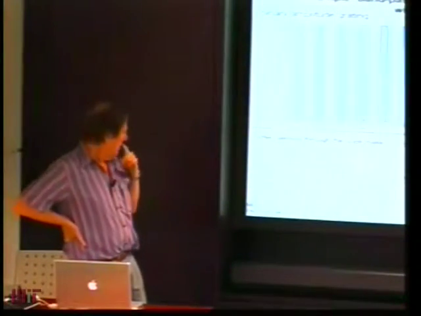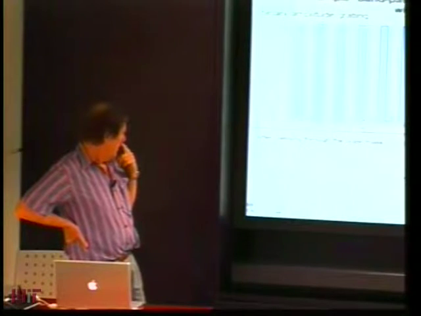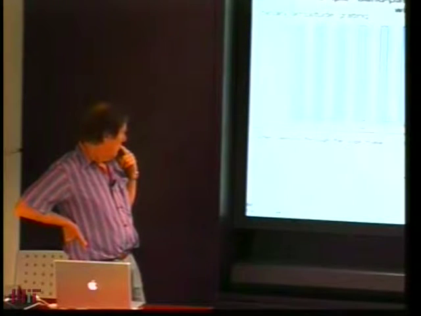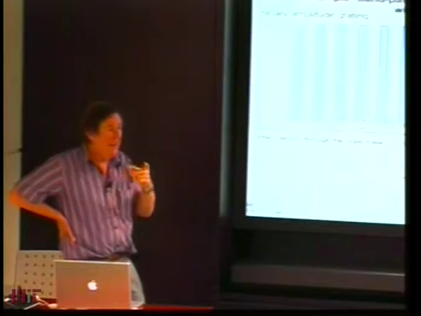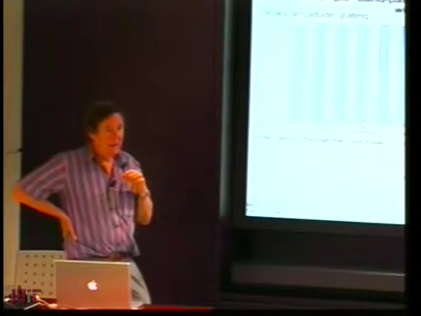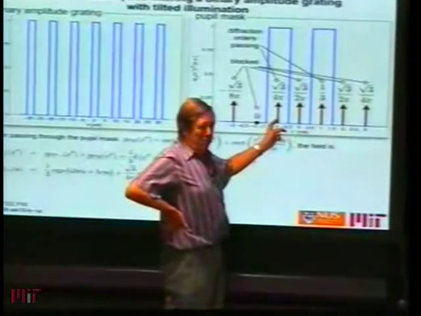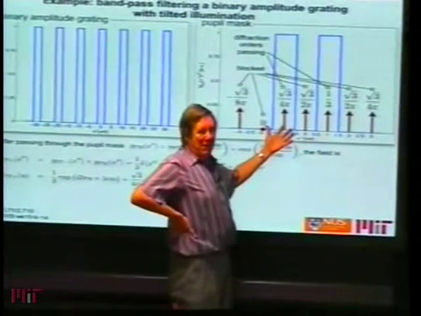Is that right? Yeah, exactly, because of the phase. Okay, so that's what I'm saying. So although this is a zero order and a minus 2 order, they're actually shifted.